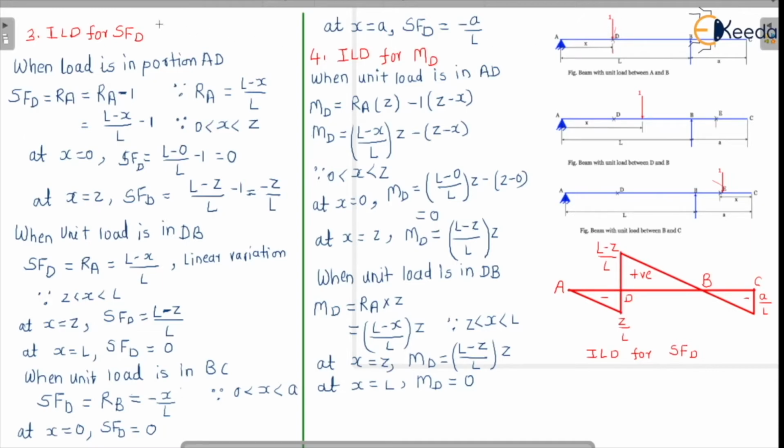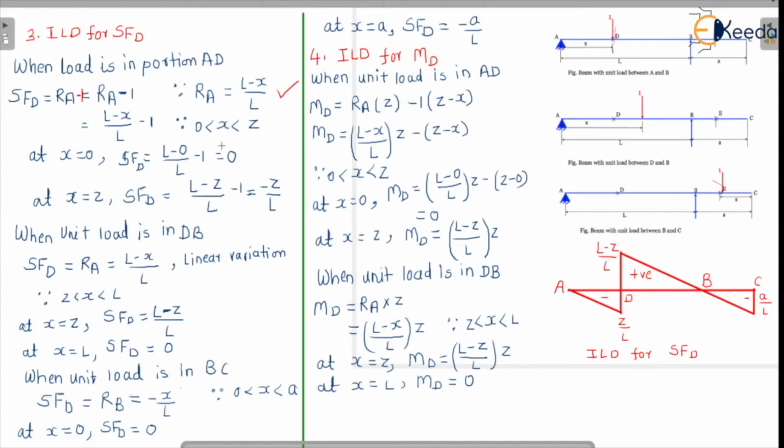This is going down. RA minus 1. But RA is L minus X by L, as we had seen. So when we substitute RA in our previous calculation, we get L minus X by L minus 1.